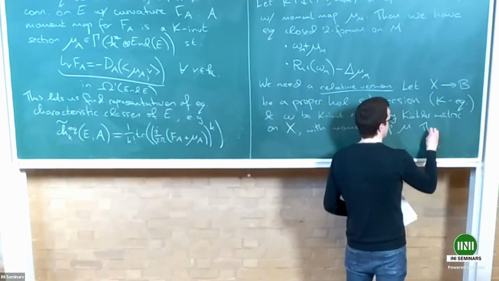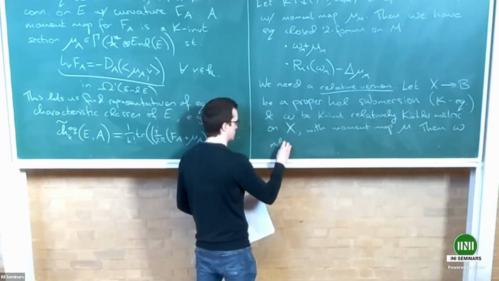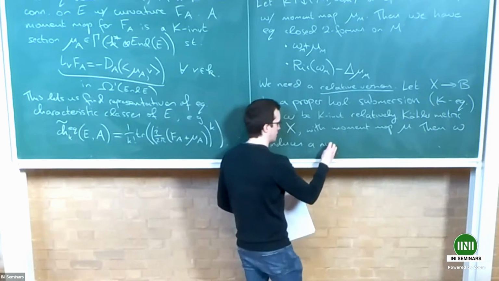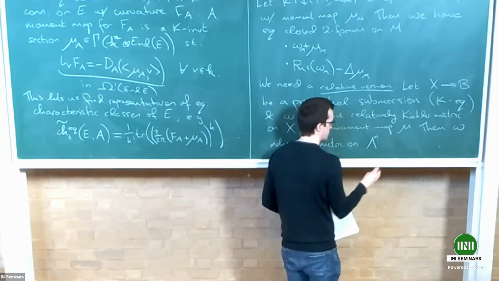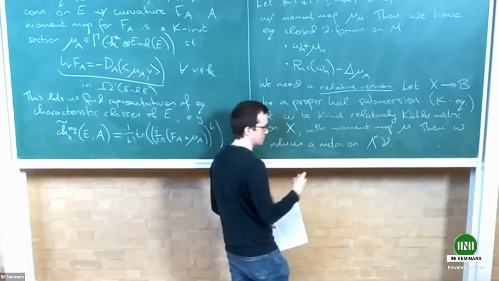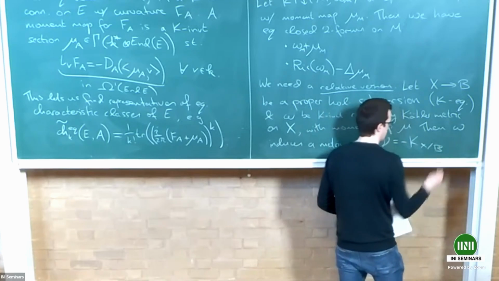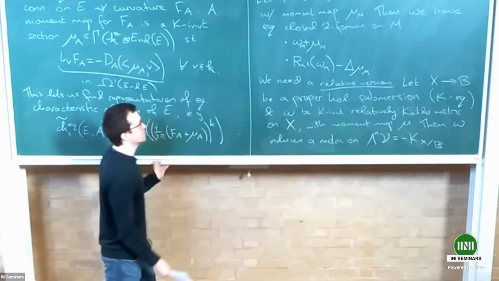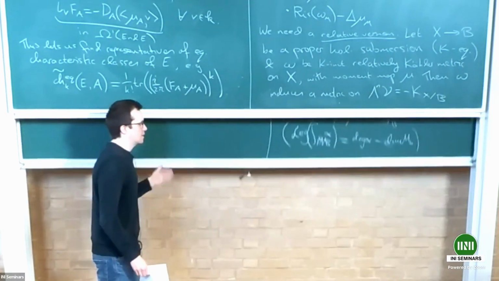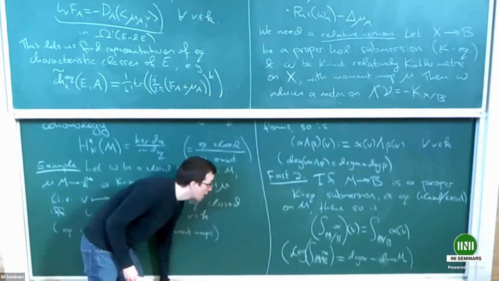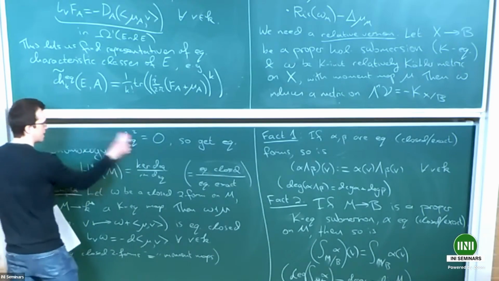Then omega induces a metric on the top exterior power of the vertical tangent bundle, which you can think of as minus K X over B if you're more into algebraic geometry. The dimension of my fibers I'm taking to be little n.